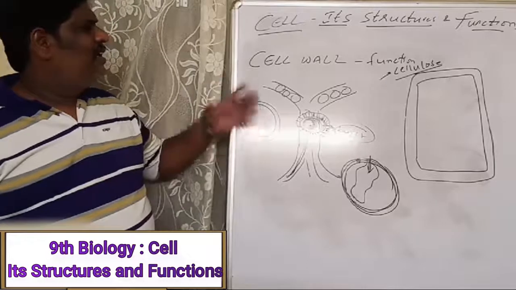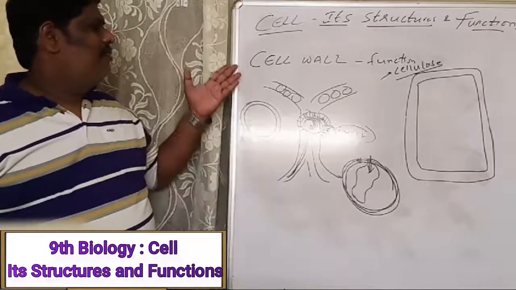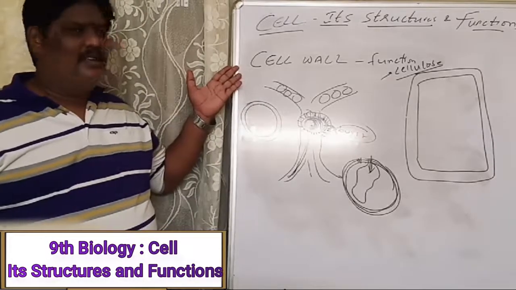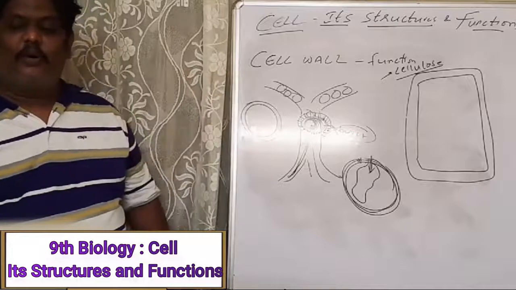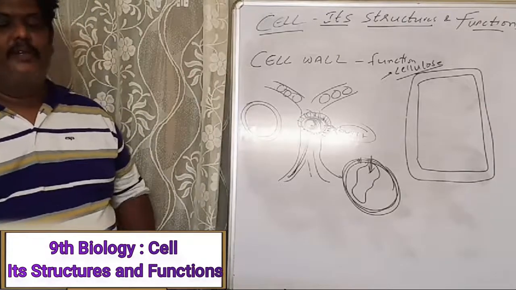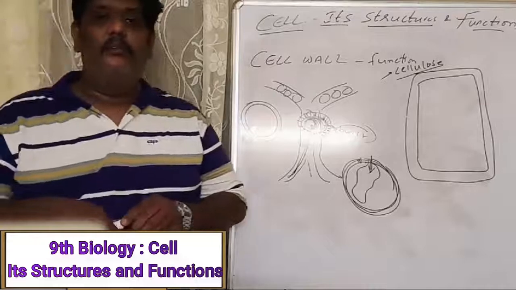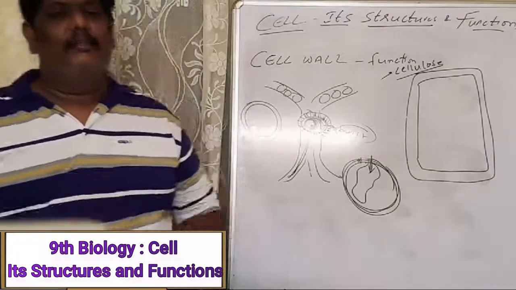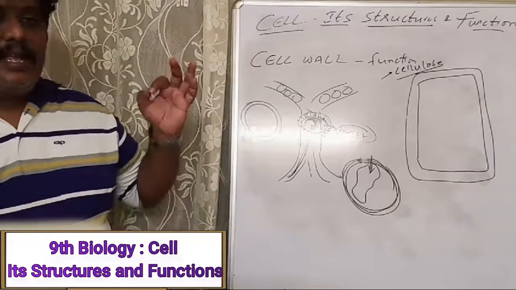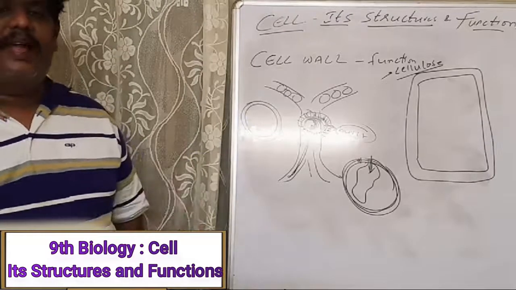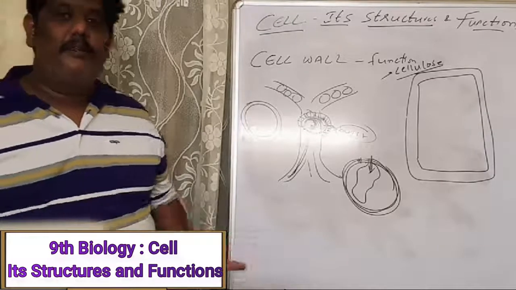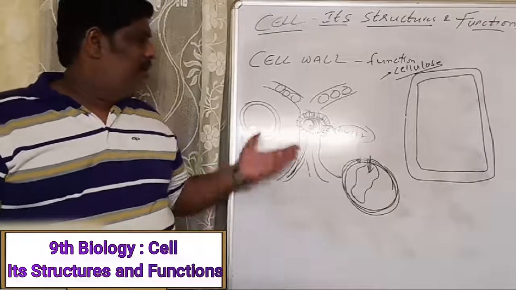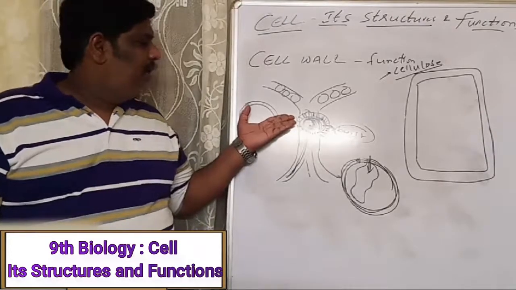So these are the different points which you can easily understand about the cell wall. What are the points we have discussed? The cell wall is the outermost layer present over the cell membrane. Second, it is present only in plant cells. It forms the protective layer.